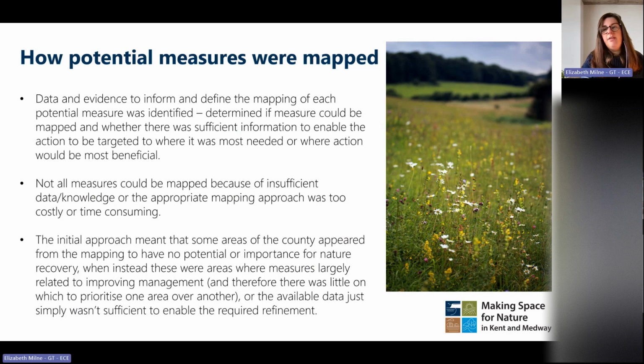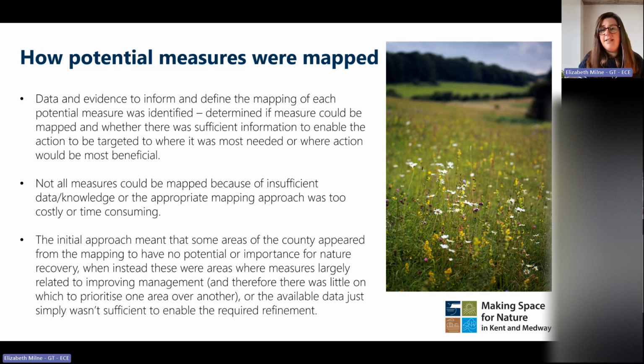The initial approach was only mapping those measures that could be sufficiently refined, and using them to define and devise the areas that could become of importance for biodiversity. So essentially using those measures to identify opportunities for nature recovery in a county meant that some areas of the county appeared from the mapping to have no potential or importance for nature recovery because there were no areas mapped in them.